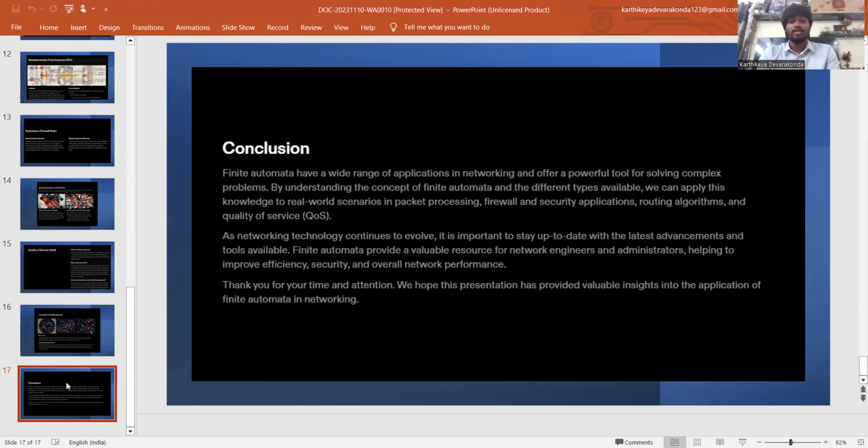As networking technology continues to evolve, it is important to stay up to date with the latest advancements and tools available. Finite automata provide a valuable resource for network engineers and administrators, helping to improve efficiency, security, and overall network performance.